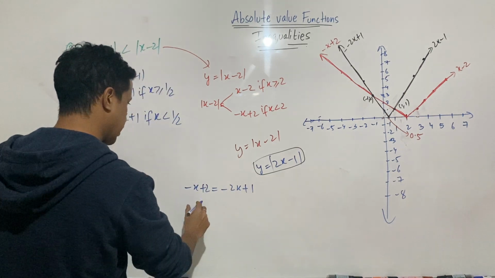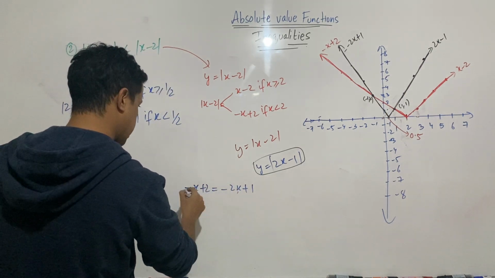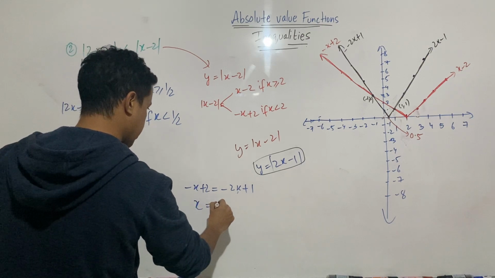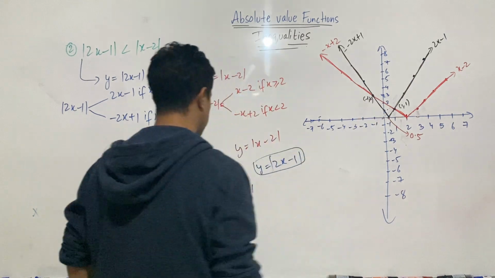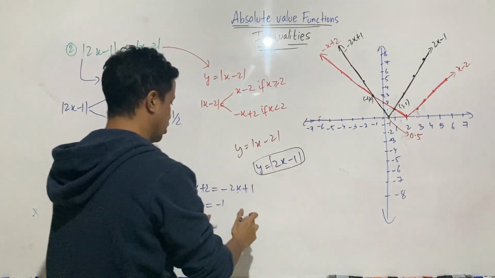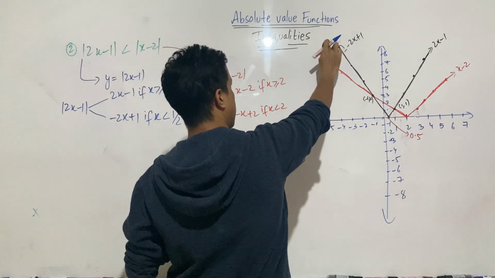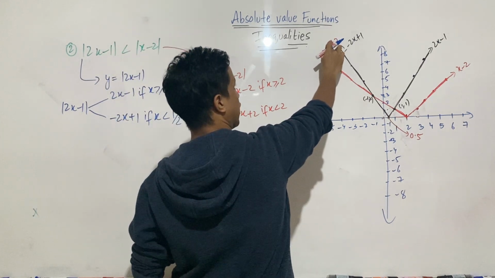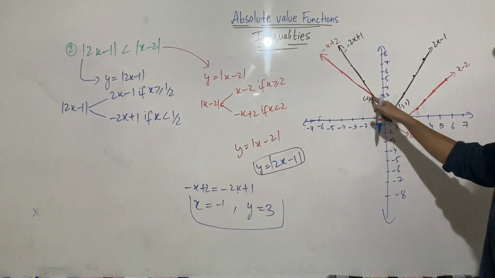So from here the value of x is going to be x equals minus 1. See here, minus 1. If you put x equals minus 1 in any of these, you will get the y coordinate: y equals minus of minus 1, plus 2, which is 3. So x is minus 1, y is 3.